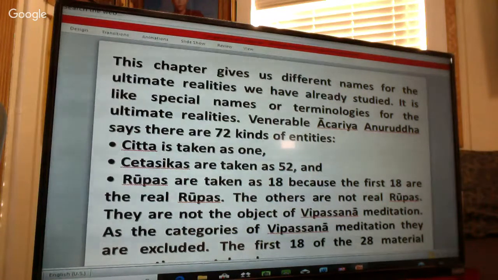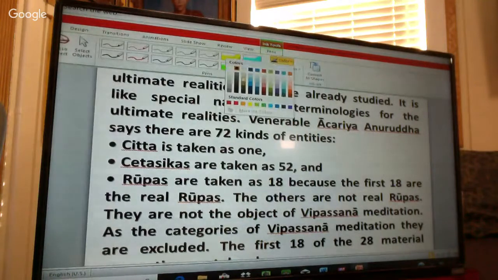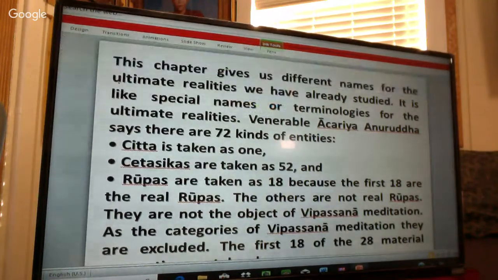Okay, so here we explain the different names for the ultimate reality, the four kinds of ultimate reality in this chapter: mind, mental factors, material, and Nibbāna.